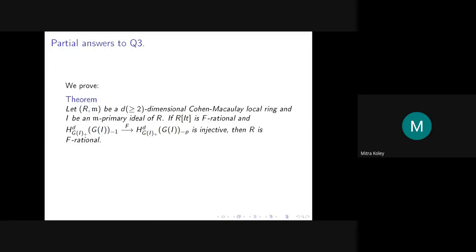If Frobenius takes the -1 piece to the -p piece injectively, then we can say that R is F-rational.